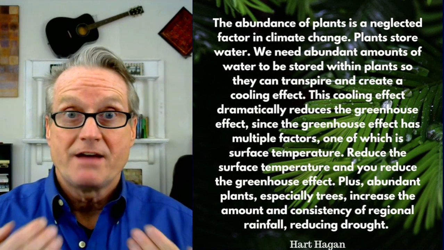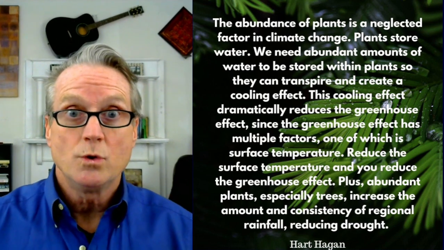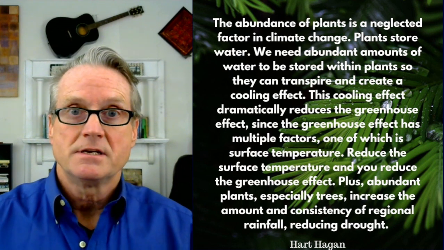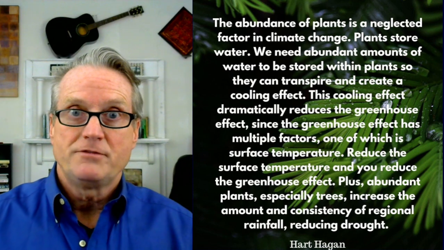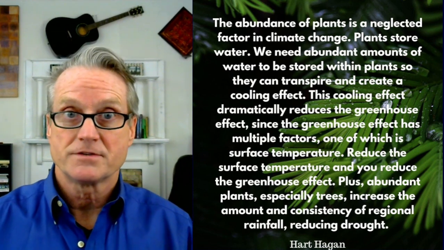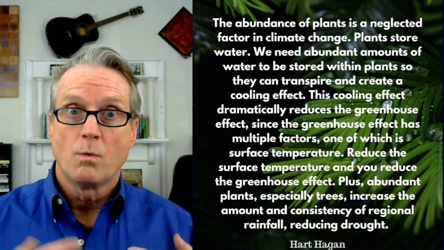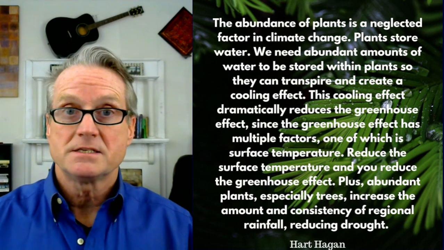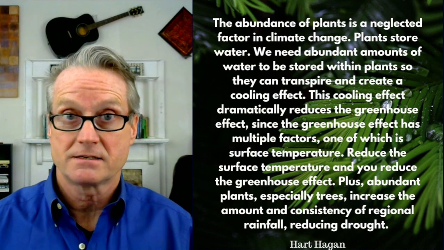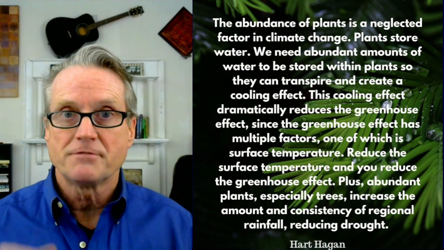Surface temperatures have an effect on the greenhouse effect. If you have cooler surface temperatures, then that reduces the greenhouse effect. If you have more plants, you have cooler surface temperatures. You have more surfaces that are cooler. So one tremendous factor that could reduce the greenhouse effect is the amount of coverage of the ground by plant matter.